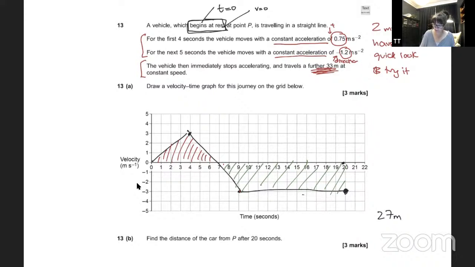So let's have a look, see what's going wrong here. So this is the forward movement, half base times height, half. Oh, my line isn't very straight, is it? Does anyone know when it goes through there?